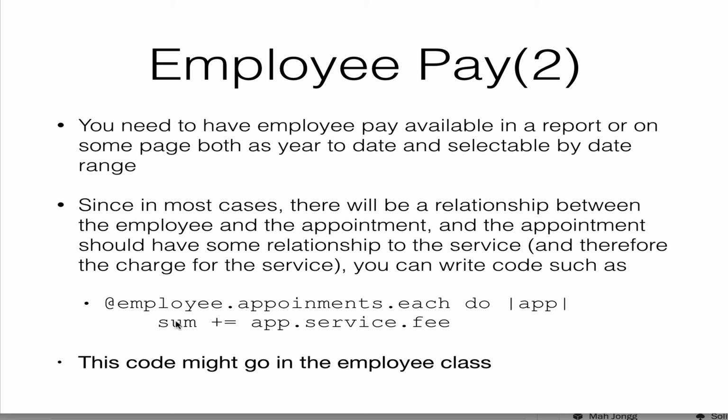Now obviously you've got to create a variable called sum and put it up here someplace. And this assumes that you have a relationship between the appointment and the service that has a field called fee. So obviously you need to adapt this to whatever you've done in your schema. But if I were going to do this, I'd probably do it that way and put this in my employee class.